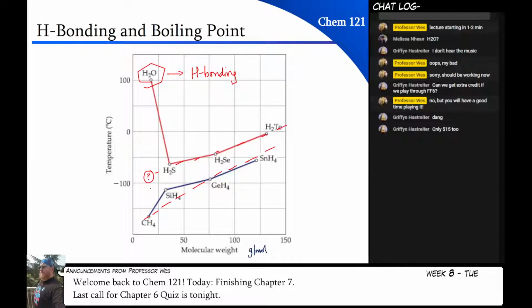And it's because of this interaction that all life is possible. It's due to hydrogen bonding. I mean, it's due to other things too. But hydrogen bonding is very, very crucial because without hydrogen bonding, you could not have liquid water at a reasonable temperature.